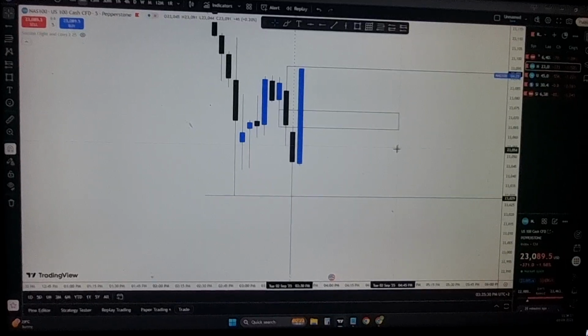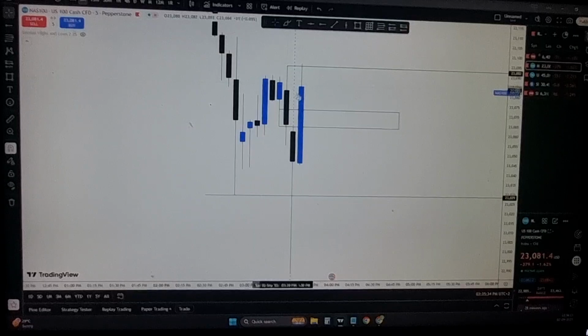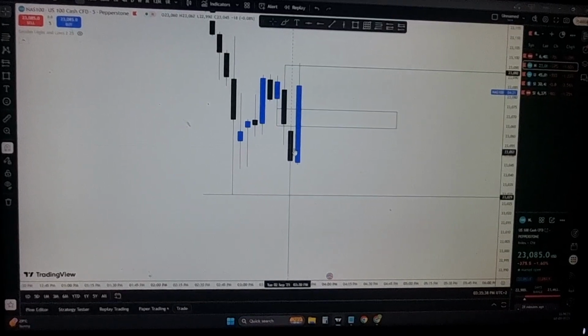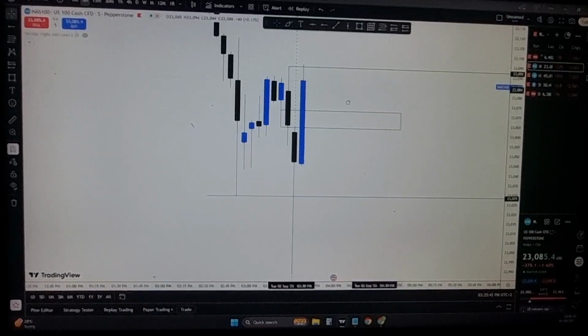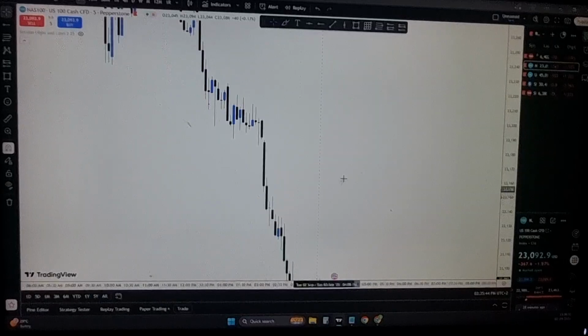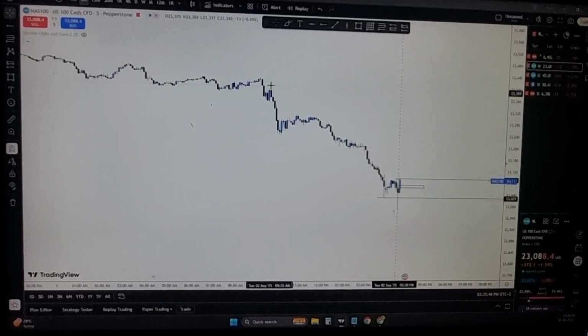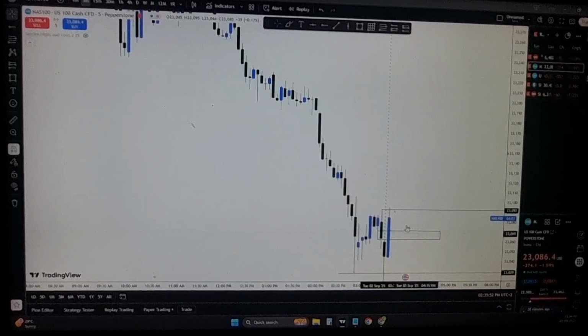So this is what I meant: we go London lows, we go down, we sweep the lows, we have our confluences forming, going up, having a retrace, entering, targeting these highs, these highs, these highs, these highs, and these highs. So that's the plan for the day.